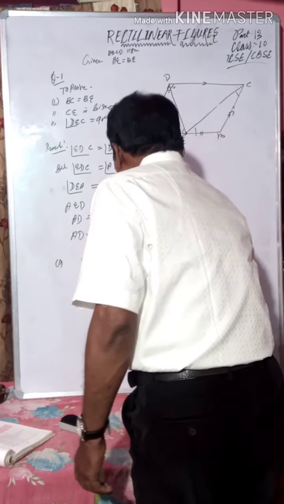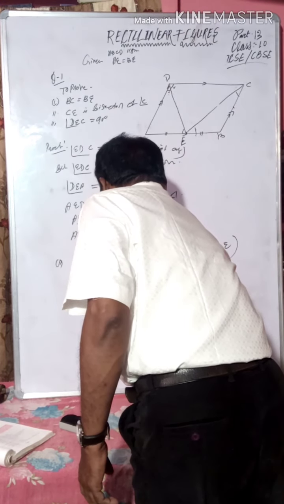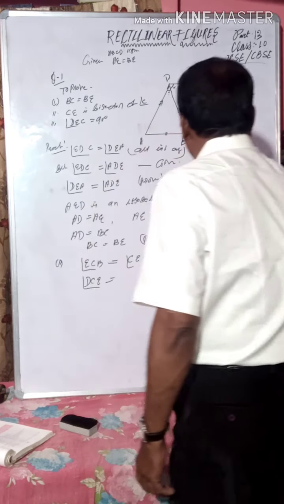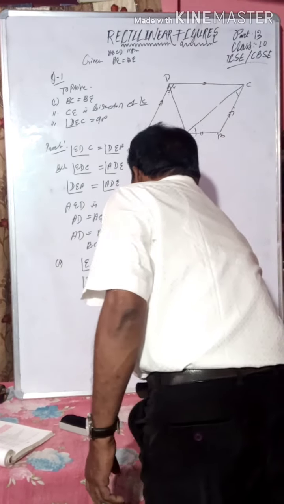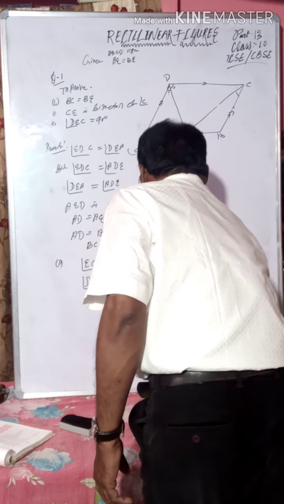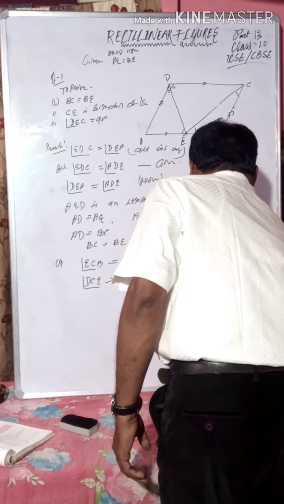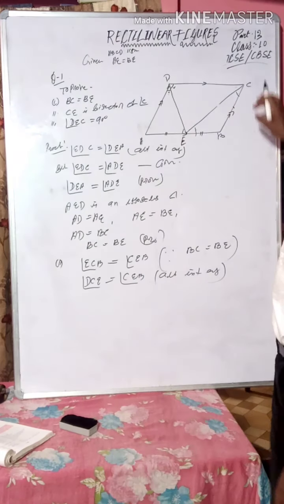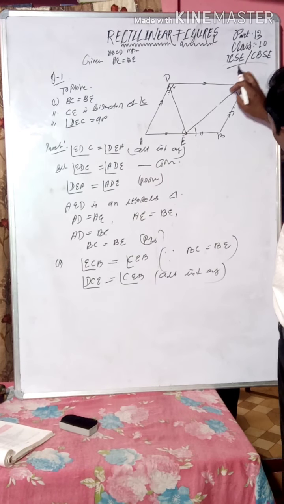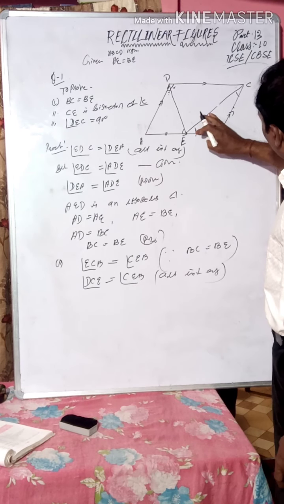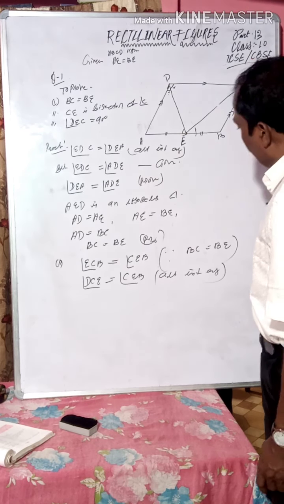Angle DCE is equal to angle CEB, because they are alternate interior angles. So this angle is equal to this angle is equal to this angle.